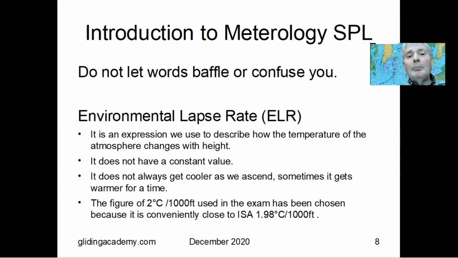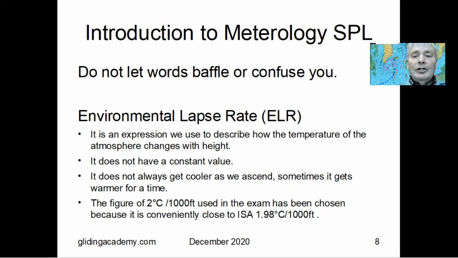And that 2 degrees C per 1,000 feet comes from the international standard atmosphere at 1.98 degrees C per 1,000 feet, so pretty close to 2 degrees.